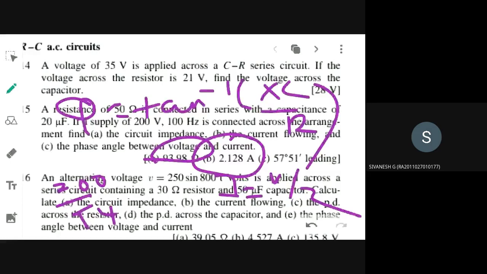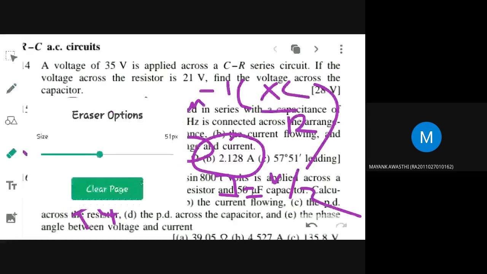Why so delayed? I'm getting 57.86. Okay, 58 something you are getting. Okay.